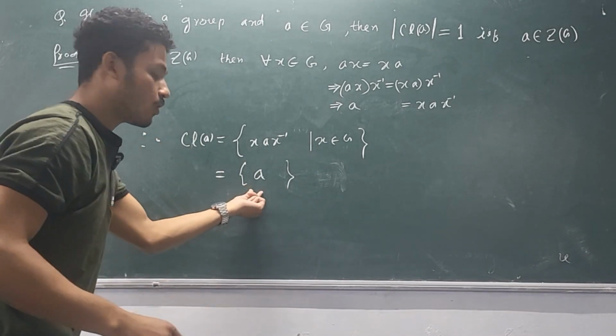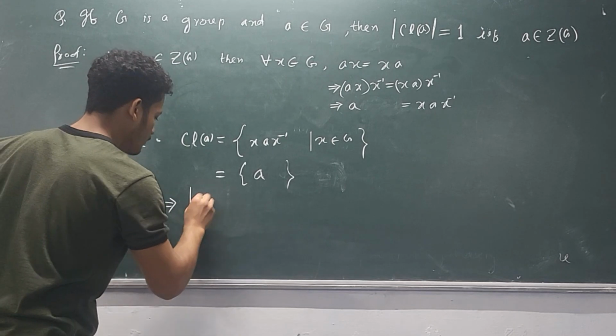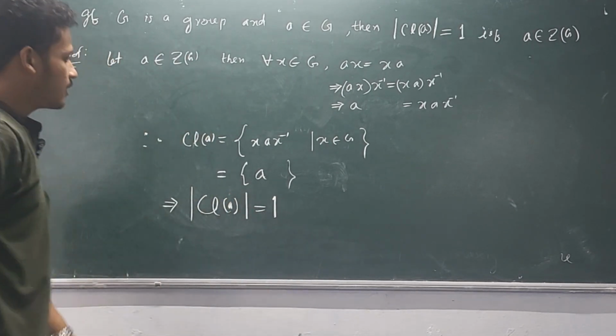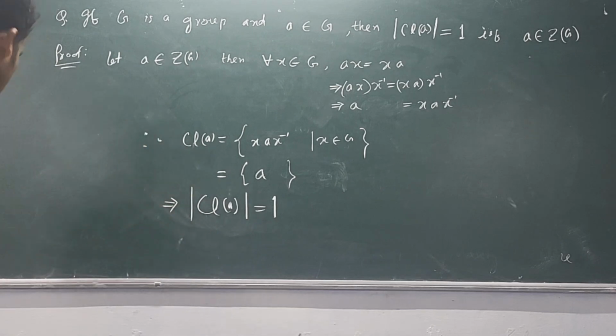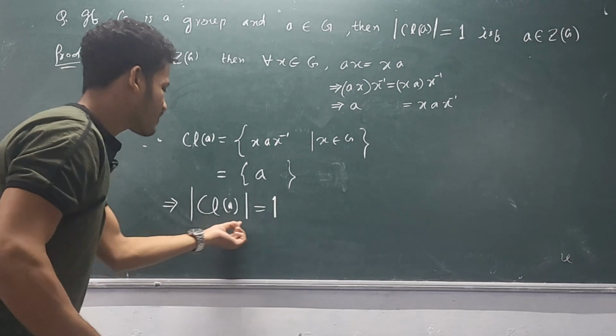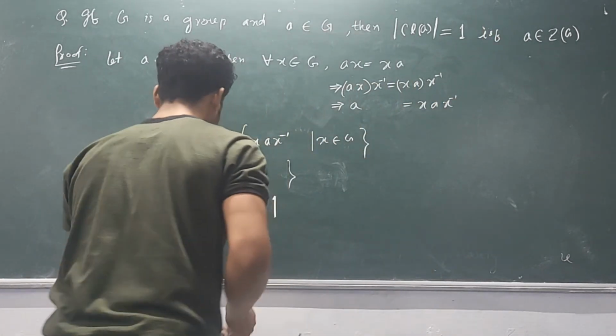The set is only a singleton set. So this will imply the order of Cl(A) is equal to 1. The first part is completed. Now we go to the second part. We will assume that the order of Cl(A) is equal to 1. Then we will prove A belongs to Z(G).